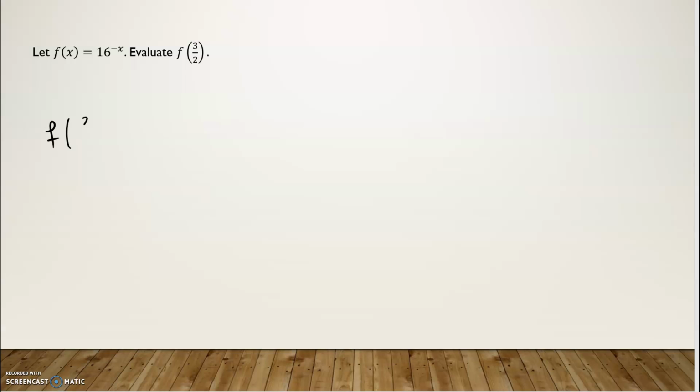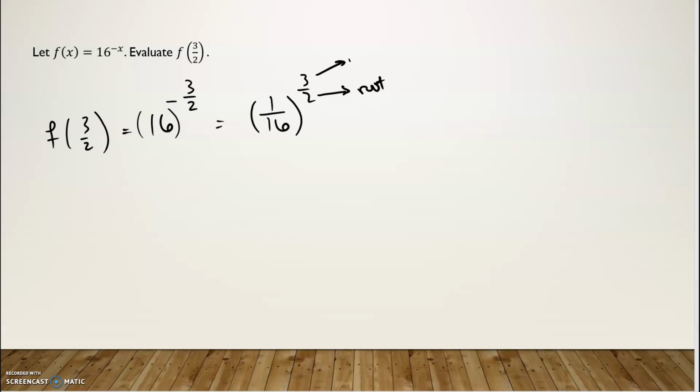Okay, so this one is 3 over 2, so 16 raised to negative 3 over 2. I have a negative again, so I'm going to flip the inside to make that exponent positive. Now notice this right here is the root. This right here is the power. So I have the square root of 16, and then that whole thing raised to 3.